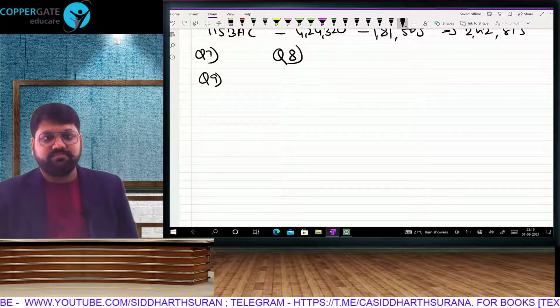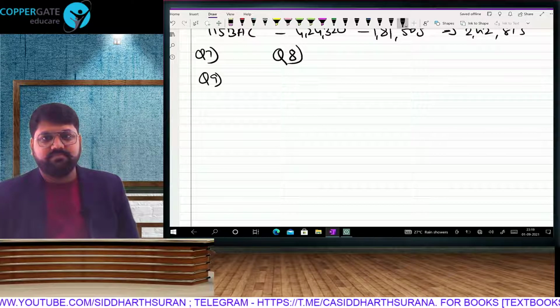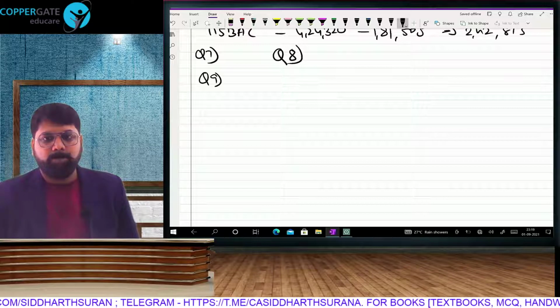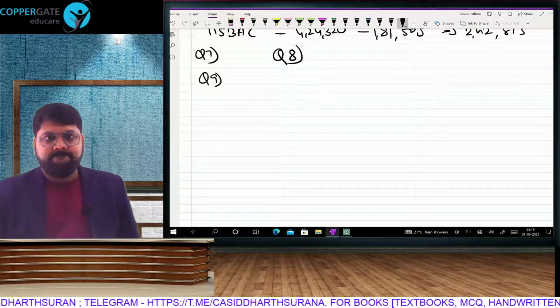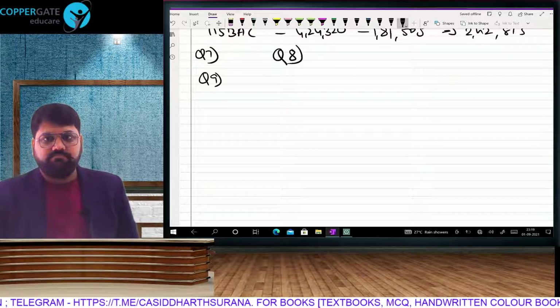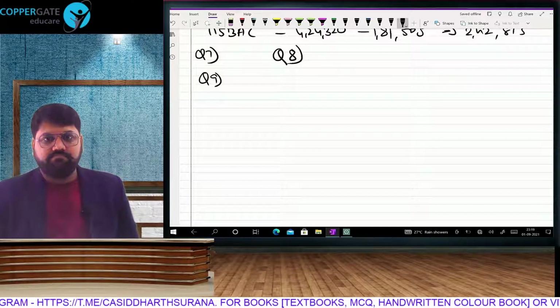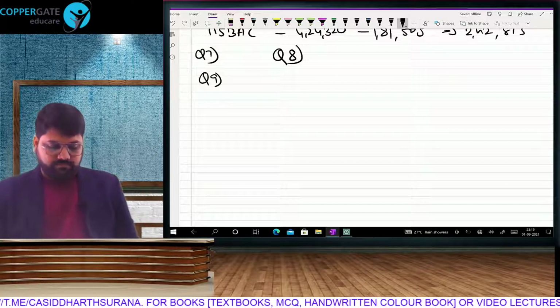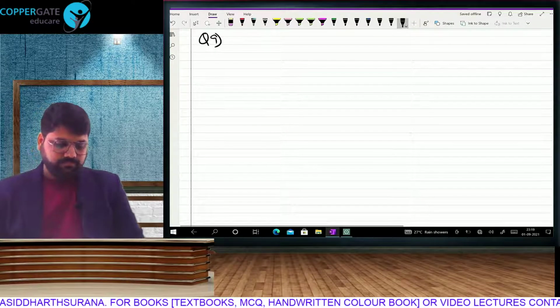Amira India Limited has turnover exceeding 400 crores every year. For the previous year, the following incomes were noted from the income account of the taxpayer. Income from business in India, 28 lakhs. Income from business in a foreign country, with which India has a DTAA agreement, 21 lakh 60,000.